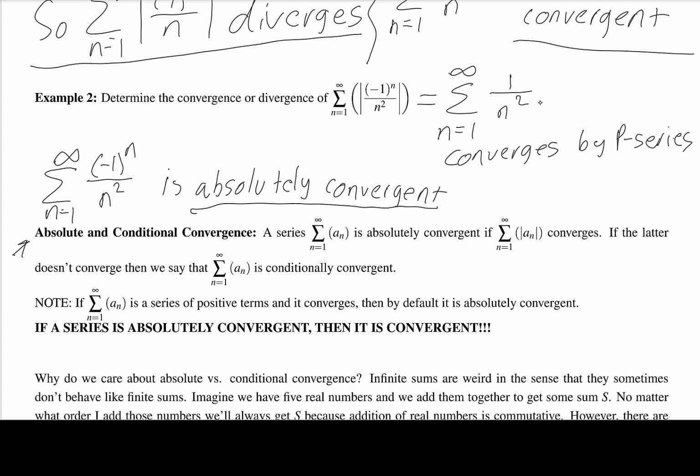And if this latter part doesn't converge, then we say that it's conditionally convergent. The reason I'm using alternating series right here is because if you have some series of positive terms and it converges, then by default, it is going to be absolutely convergent because that absolute value won't affect it. That's what this note right here is saying.